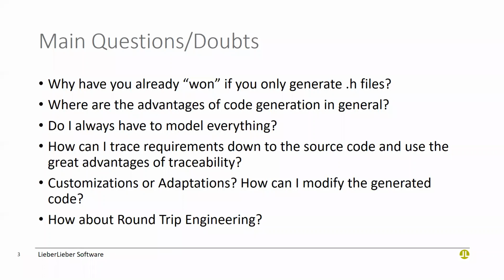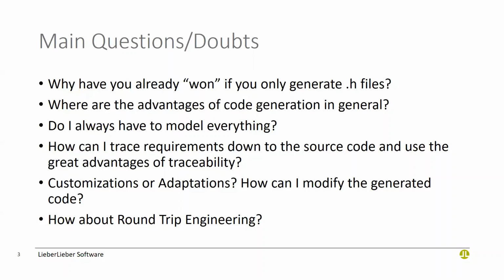So the main questions and doubts we always hear when it comes to code generation from UML or SysML are always questions. You know, people don't know where to start, how to introduce it. So we wrote down some of them, and we will try to answer them in this webinar today.